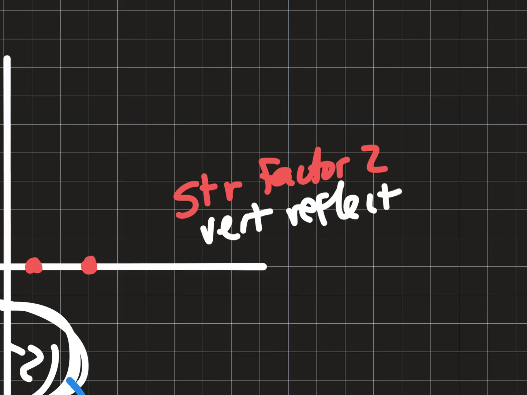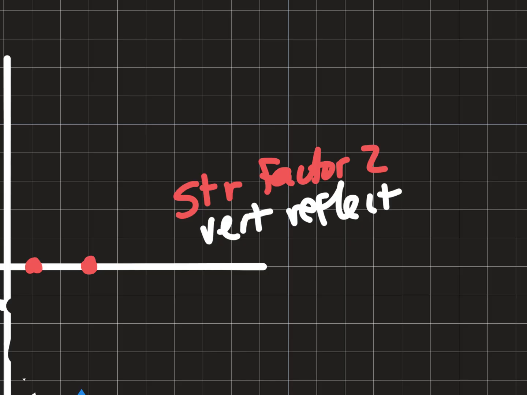I'm not even showing you what it looks like, but you can tell from what I told you what it would look like. Stretch factor 2, it's got a vertical reflect, it's got an x-intercept of 1 and 3. Can you write the equation for that?